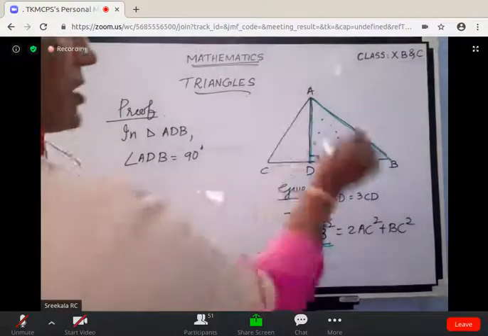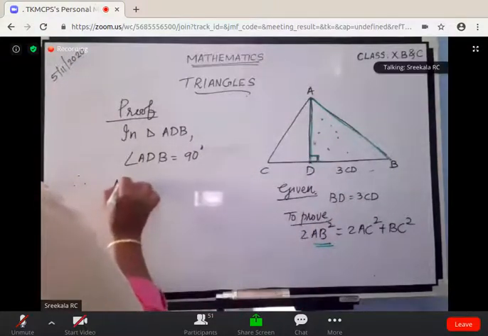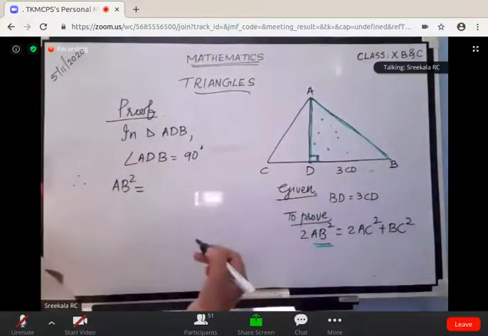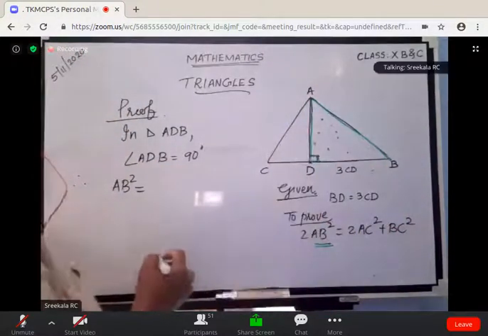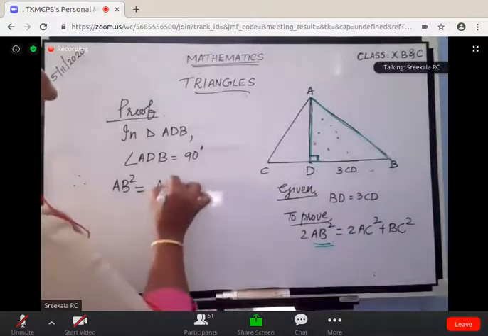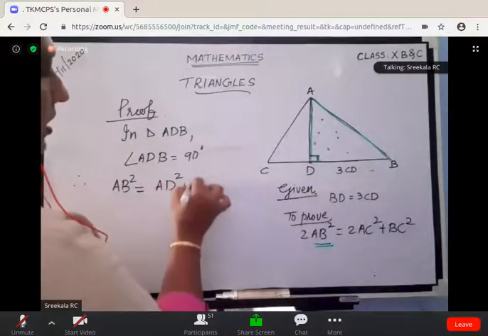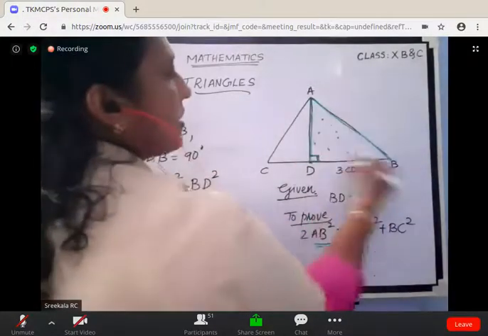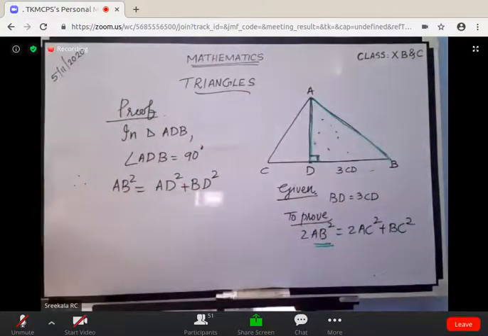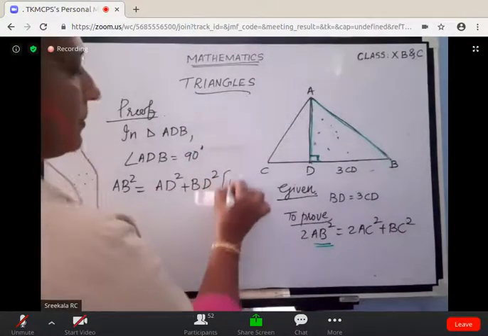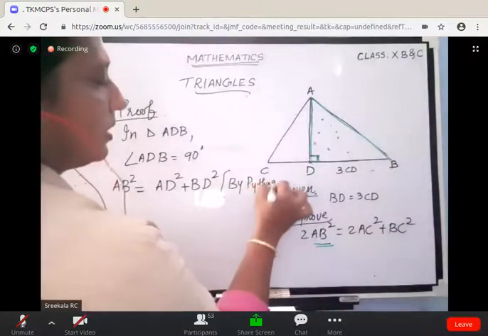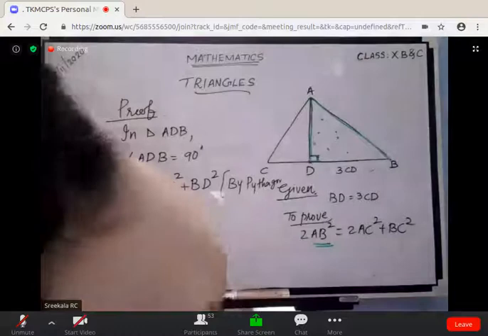Therefore, by Pythagoras theorem, we can write AB square, hypotenuse square, equals AD square plus BD square. Hypotenuse square equals the sum of squares of the other two sides. By Pythagoras theorem, we can write like this.